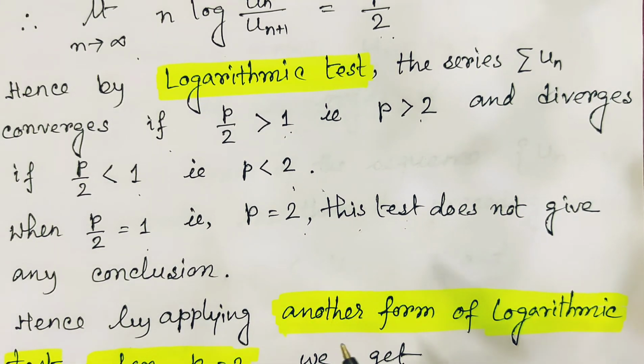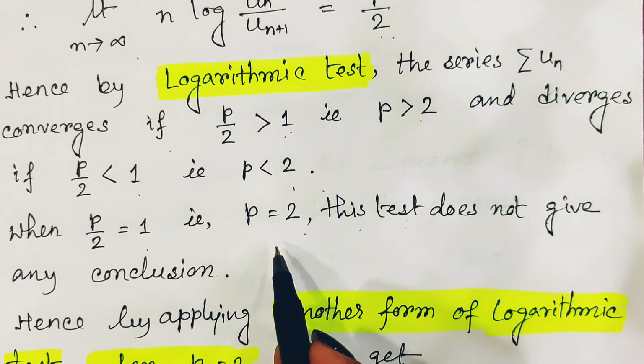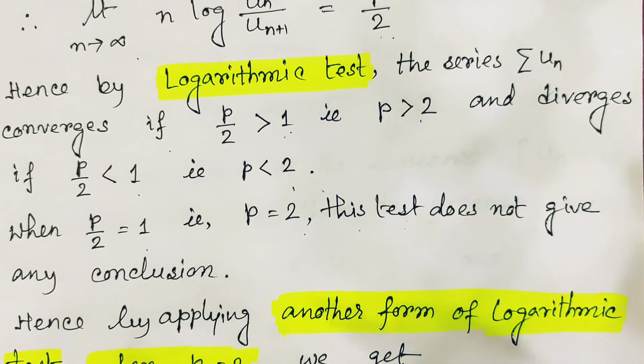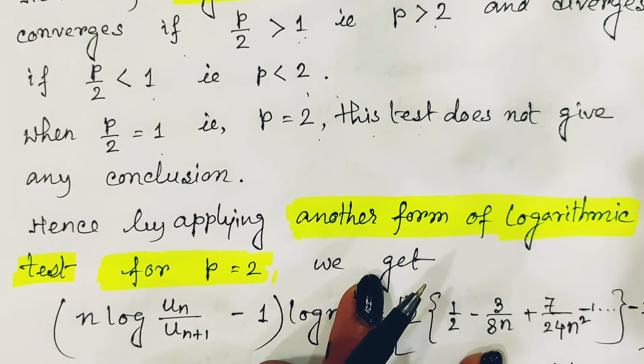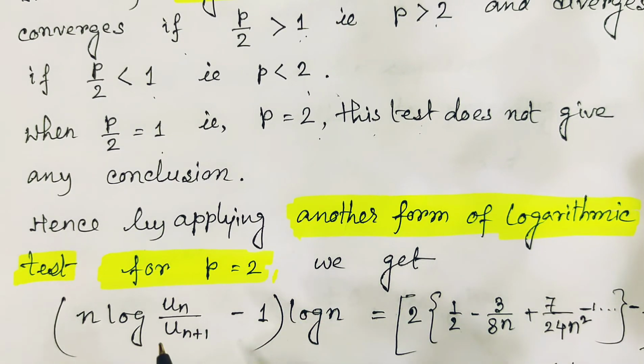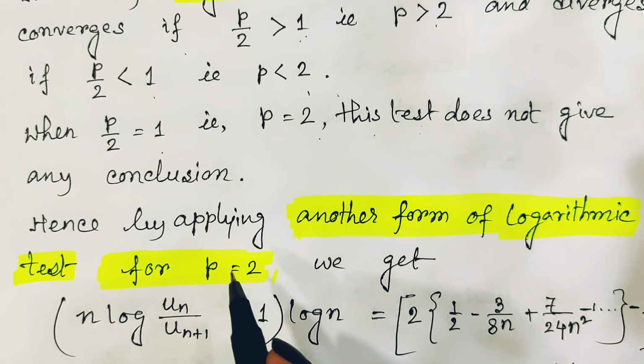That's why we should apply the alternative form of the logarithmic test when p is equal to 2.